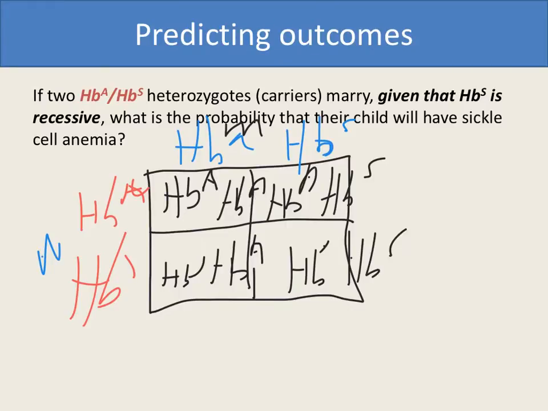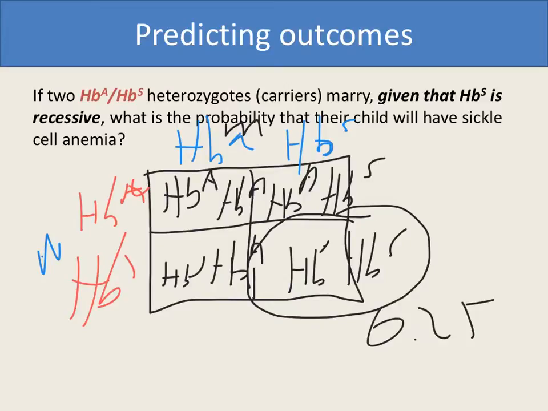So, a child who has sickle cell anemia, that means they will be homozygous for the recessive allele, which is HBS. The only place where we actually get this is this square here. So that means we have a 25% chance that a child born to this couple will have sickle cell anemia. 0.25. Okay?